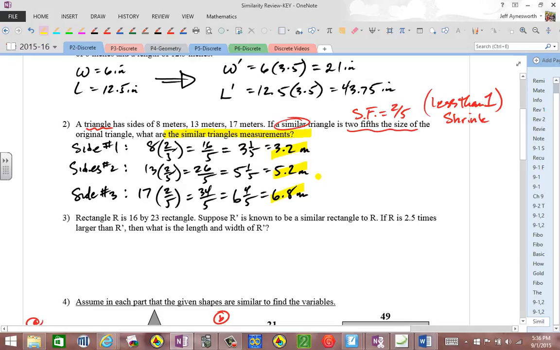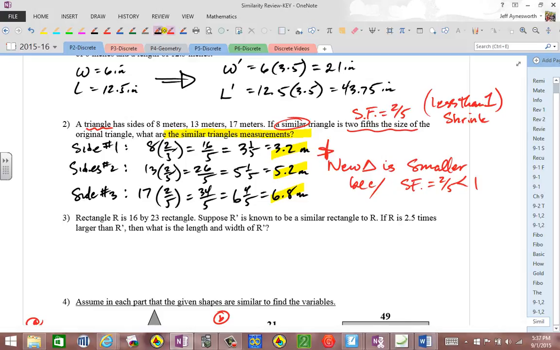They shrunk, they got smaller, because the scale factor is less than 1. So the new triangle is smaller, because the scale factor is 2/5, which is less than 1. That's a little note there.